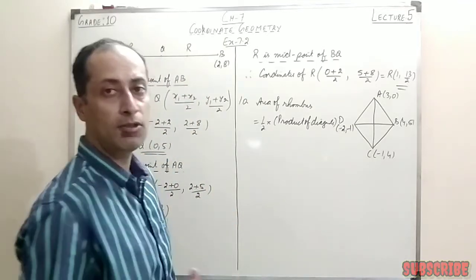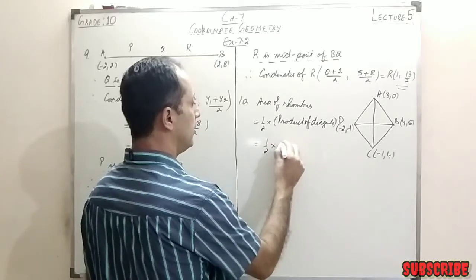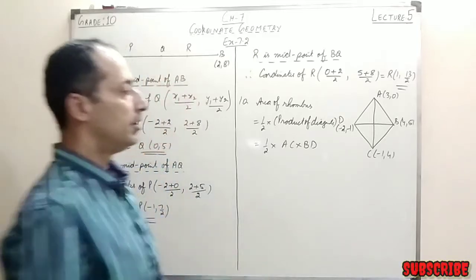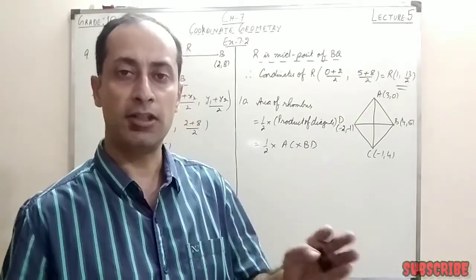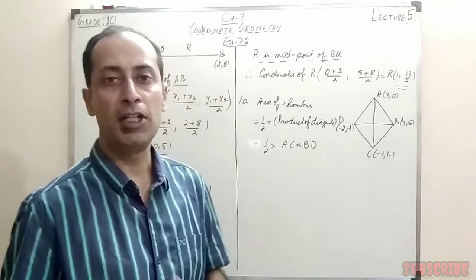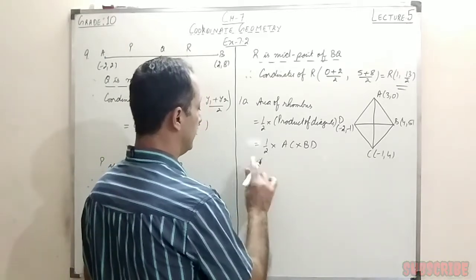Now here, if we talk about the diagonals, that is half into AC into BD. So we have to find the length of AC using the distance formula, and then we have to find the length of BD using the distance formula. So that way you can find the area.